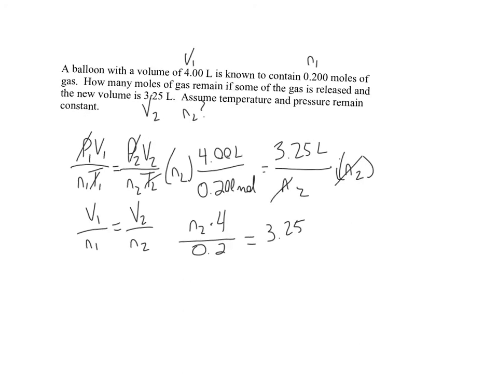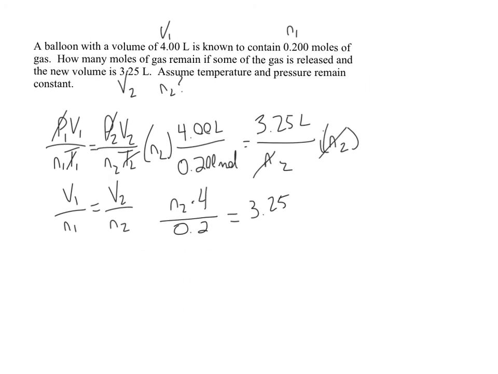Shrink it just a little bit so we have some more room to work. And from here, now that I have N out of the denominator, I can get it isolated, multiply both sides by 0.2, divide both sides by 4, so that I get 3.25 divided by 4 times 0.2 is going to give me my new number of moles.